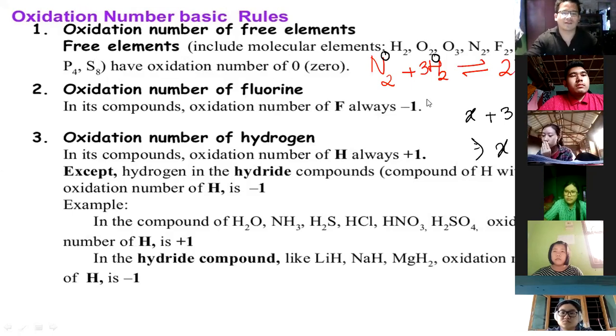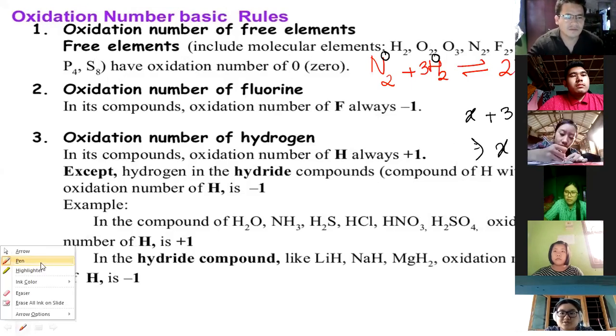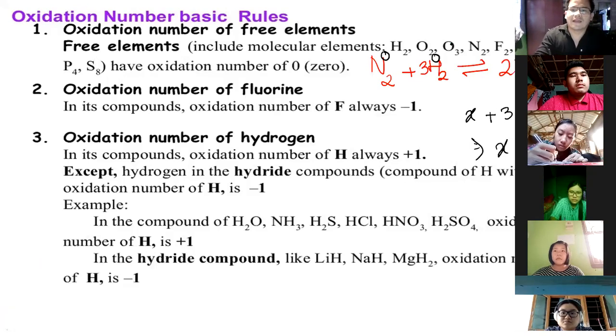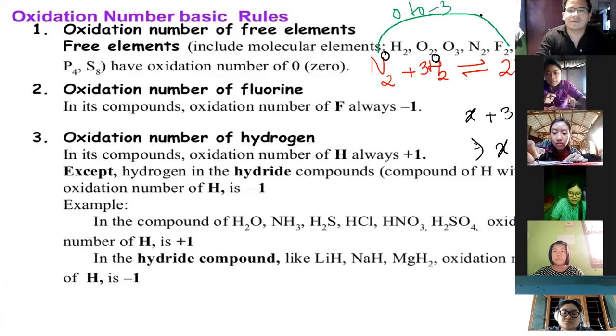You can unmute yourself and tell me. Nitrogen undergoes oxidation, nitrogen undergoes reduction. Okay, why nitrogen undergoes reduction? Nitrogen changes from 0 to -3, which is a decrease.